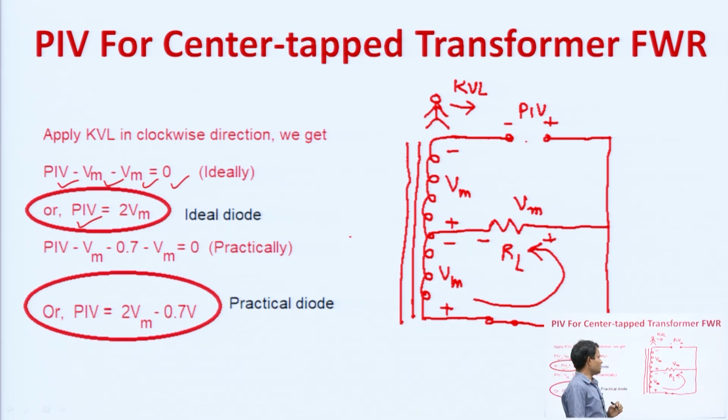This means in the center tap rectifier the PIV is twice the peak value of the input voltage ideally, and practically it is 2 Vm minus 0.7. Why 2 Vm minus 0.7? Because practically the output voltage is Vm minus 0.7.